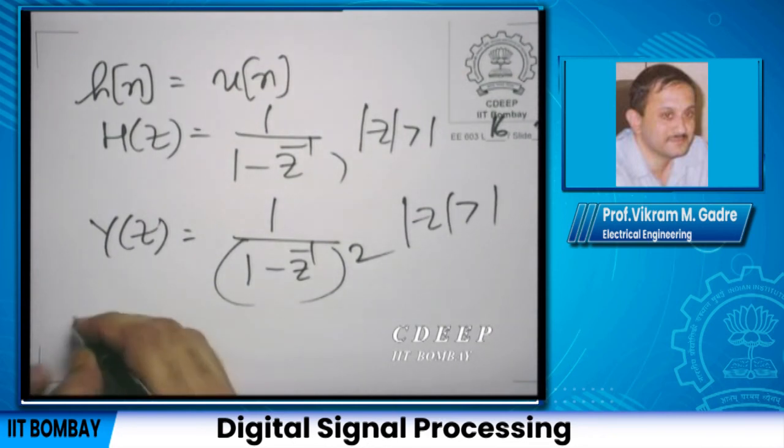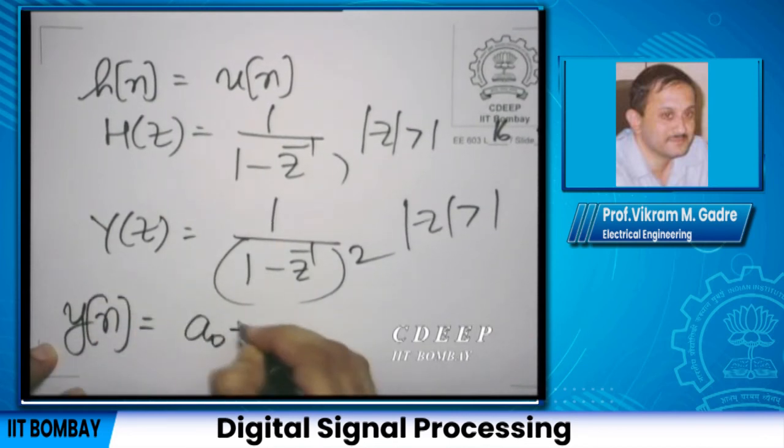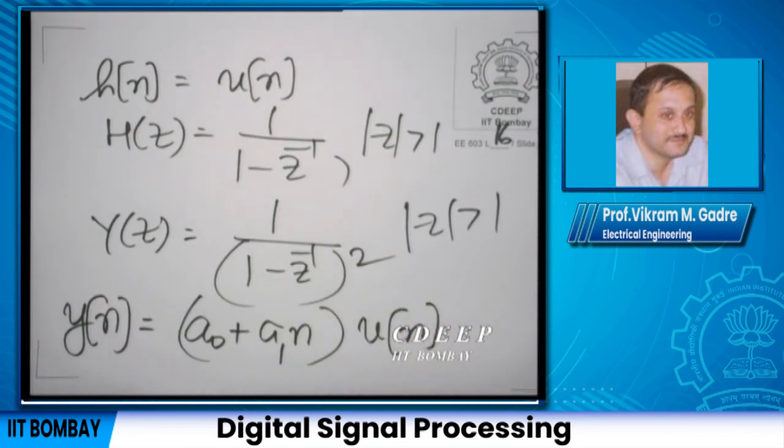The form of y[n] would be of the form some A0 plus A1 n times u[n]. Now, it is very interesting.